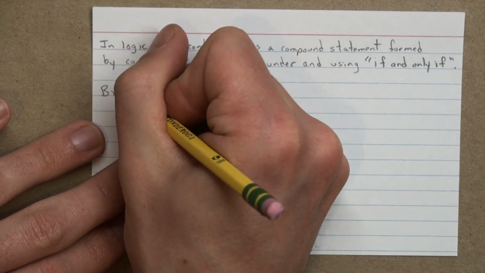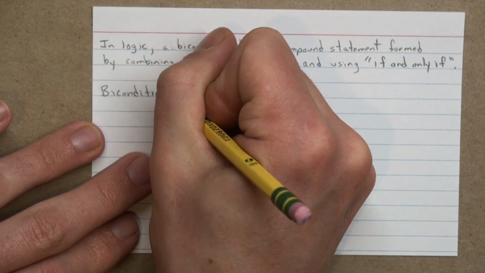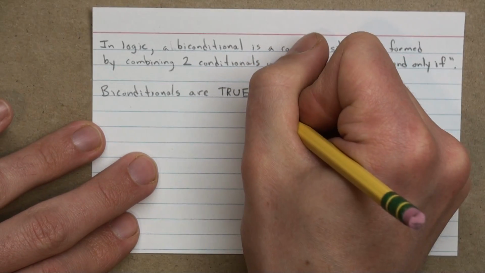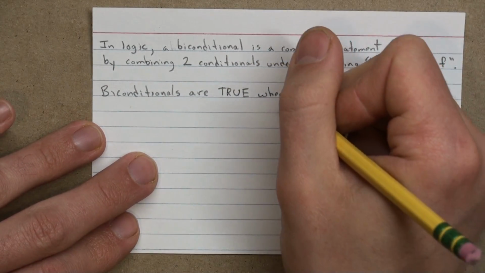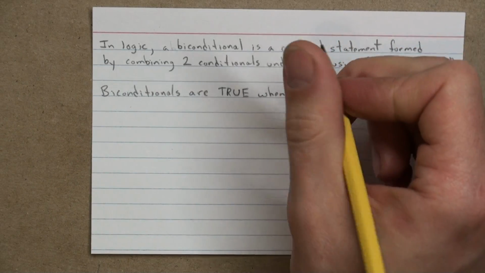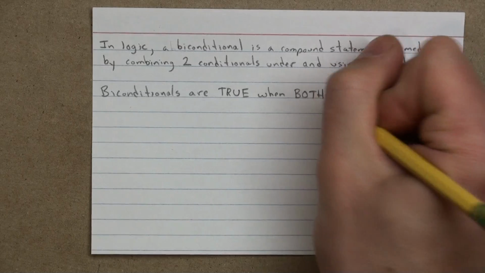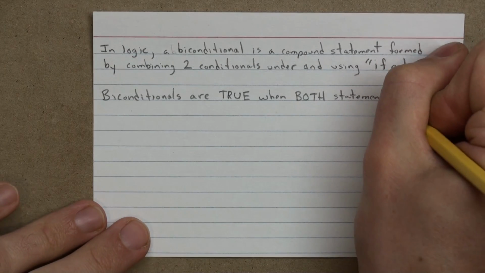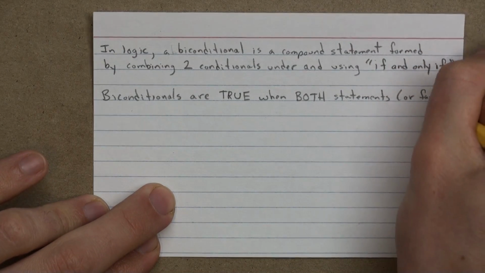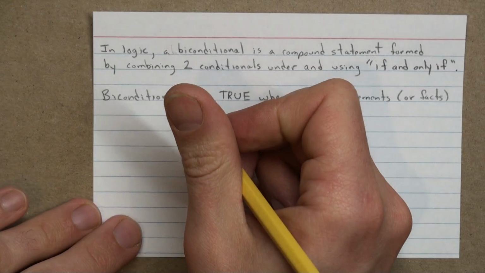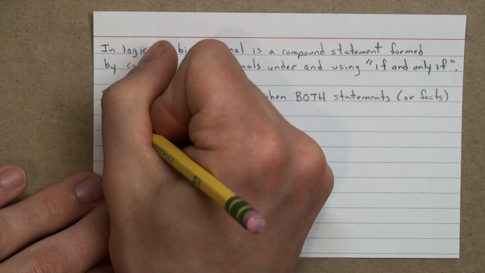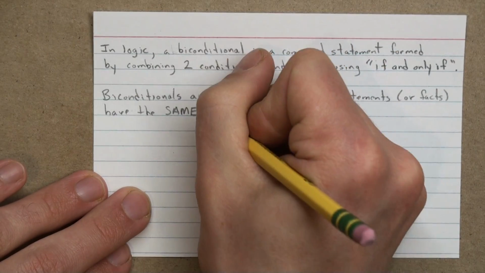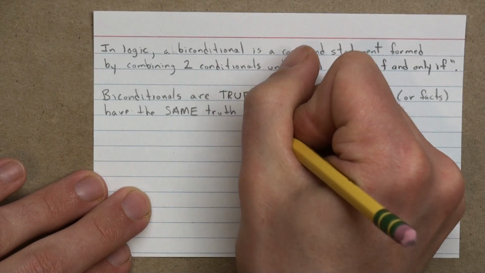Biconditionals are true when both statements, we could say or facts, have the same truth value.